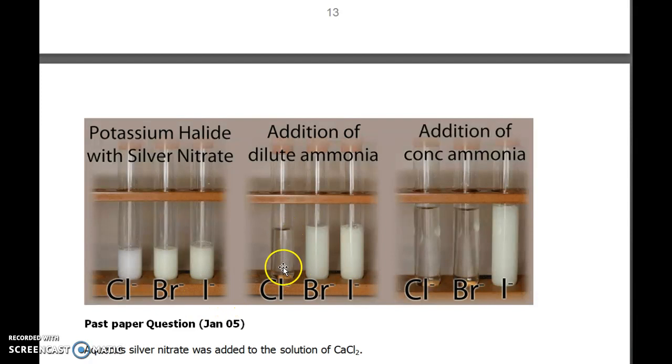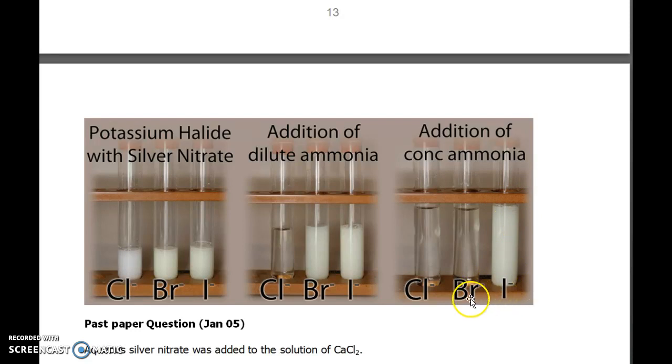When you add dilute ammonia to each of these, the silver chloride dissolves, the silver bromide does not, the silver iodide does not. When you add concentrated ammonia to these, again, well, the silver chloride's already dissolved, but the silver bromide dissolves completely now, but the silver iodide still remains.